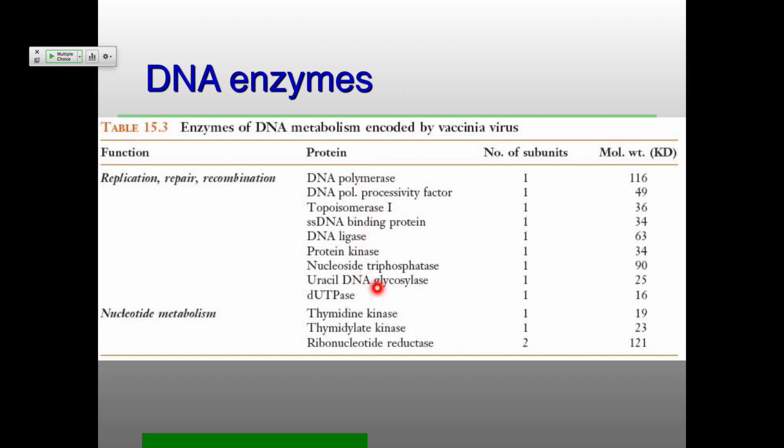But one very important difference has to do with this one right here: dUTPase, uracil DNA glycosylase, thymidine kinase. Why do you think these are so necessary? Where is this virus replicating? In the cytoplasm. Where is normally DNA synthesis taking place? In the nucleus. So DNA and DNA precursors are almost all going to be in the nucleus. Cytoplasm has what in it in terms of nucleic acids?